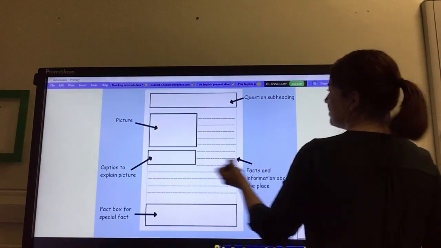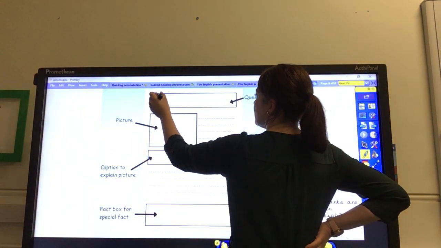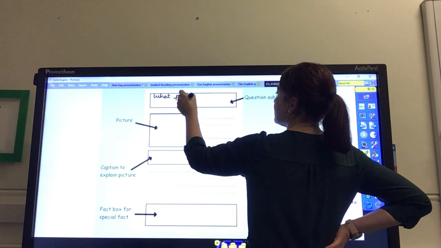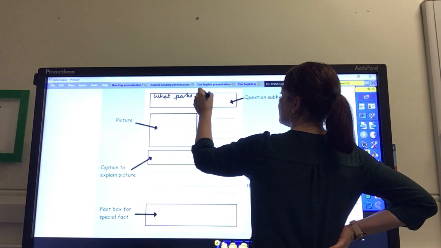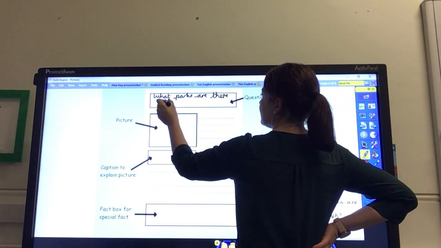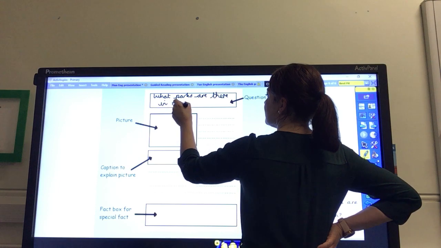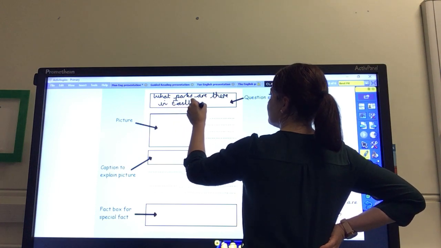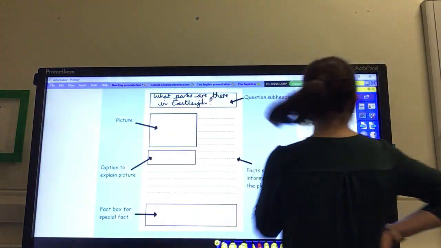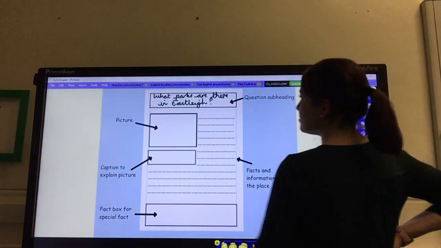So the question subheading goes up here. What parks are there in Eastleigh? Question mark. My picture of the Splash Park, which actually I've got.